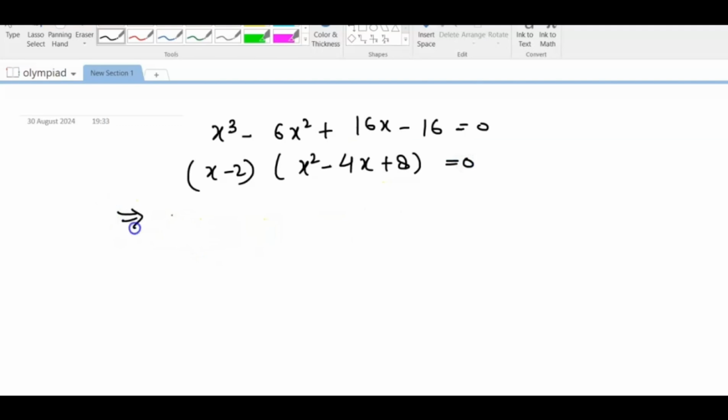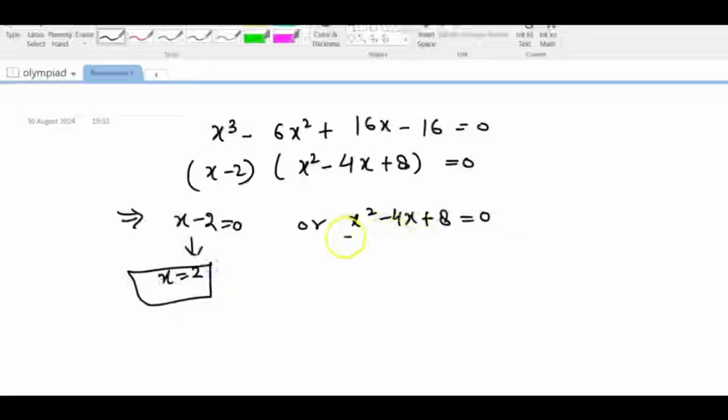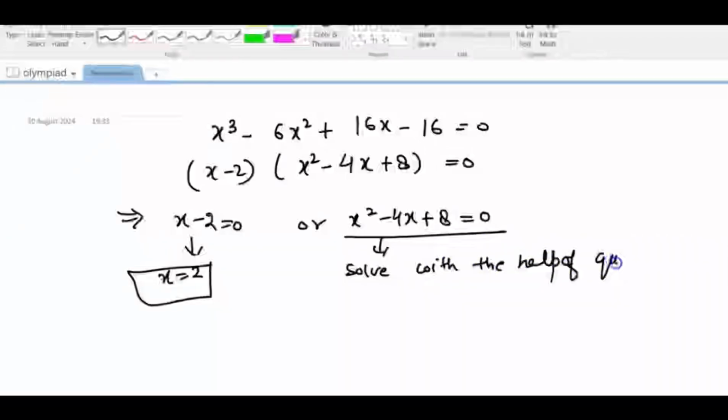So from here we get x minus 2 is equal to 0 or x square minus 4x plus 8 is equal to 0. So from this we'll get that x is equal to 2, and this we need to solve with the help of quadratic formula.